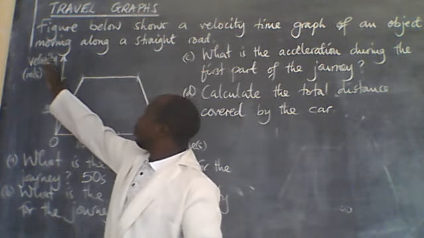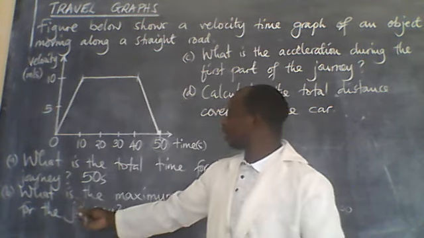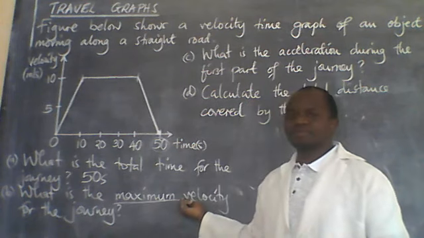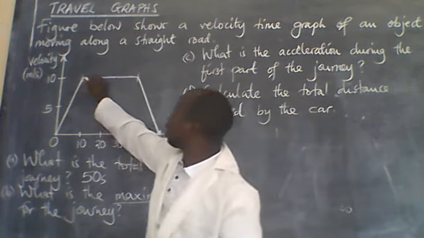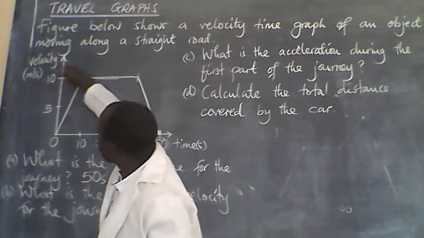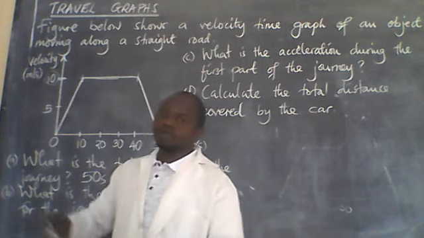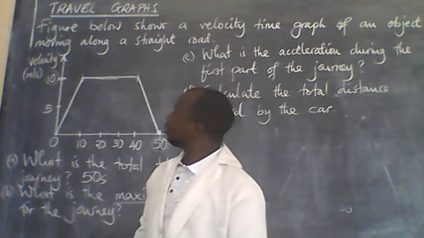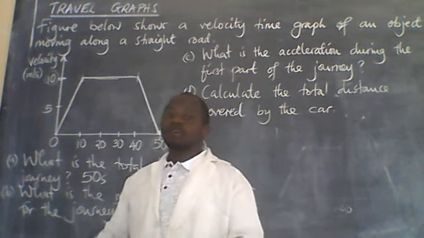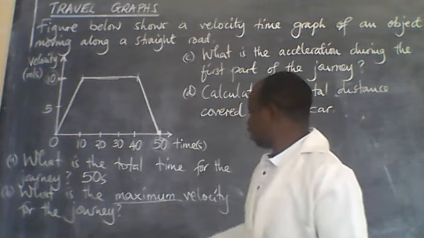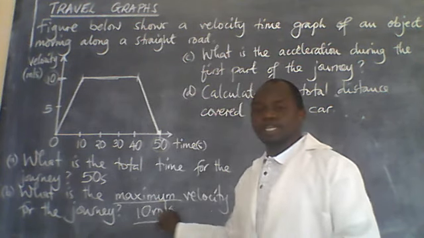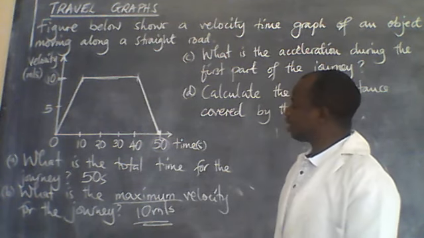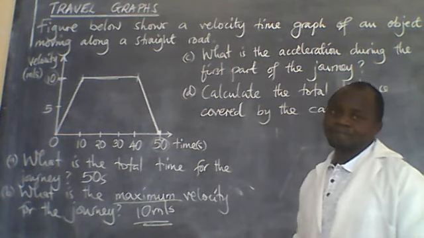So, when we have velocity here, we are told to say what is the maximum, the highest, for this car. So the car went up to this. This is the maximum height, which is 10. Don't forget to include the units. And this will be 10 meters per second. This is the correct answer for that.